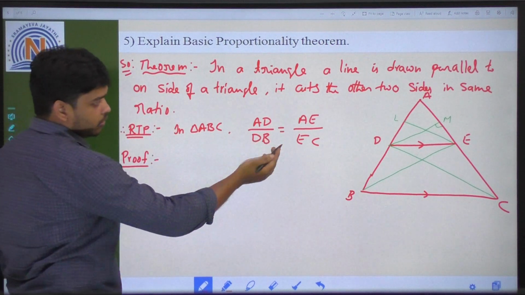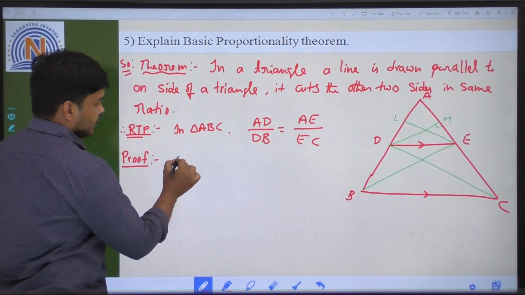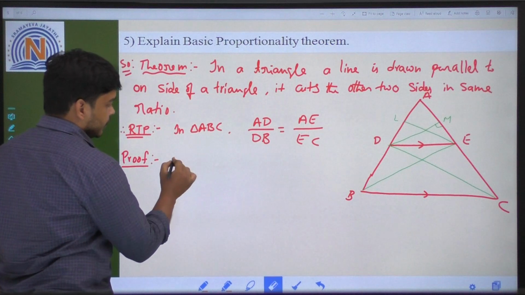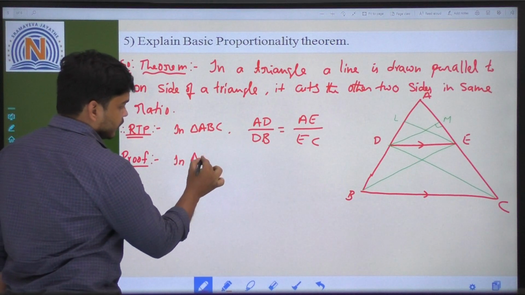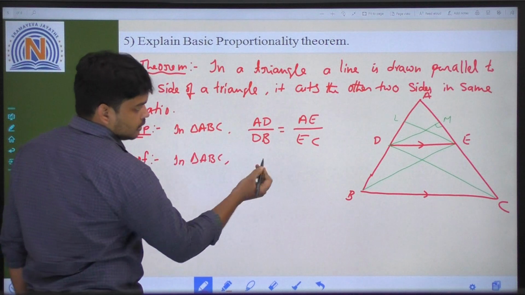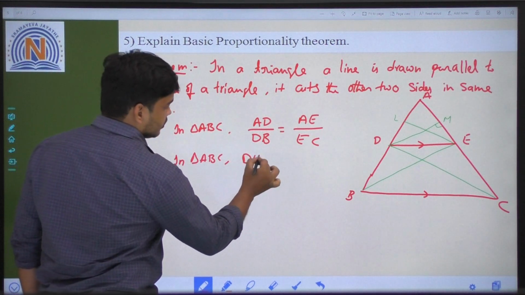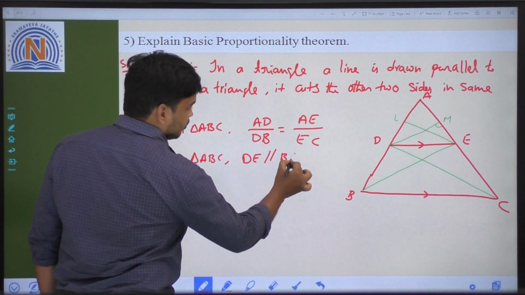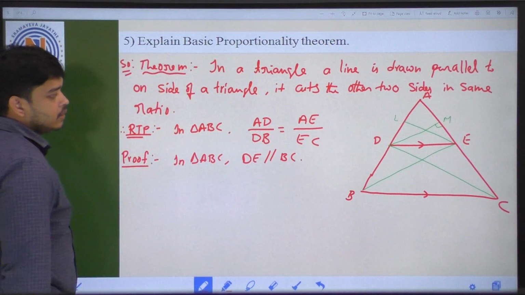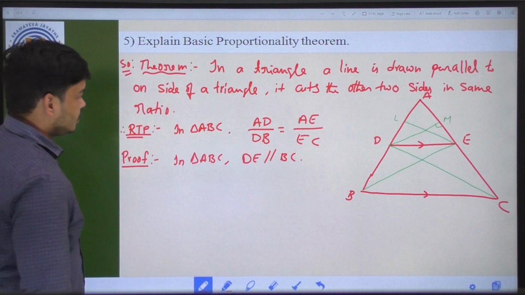Construction I already told you. In triangle ABC, DE is parallel to BC, right?